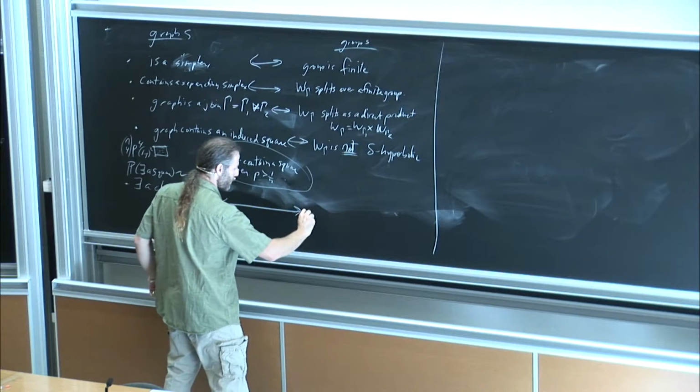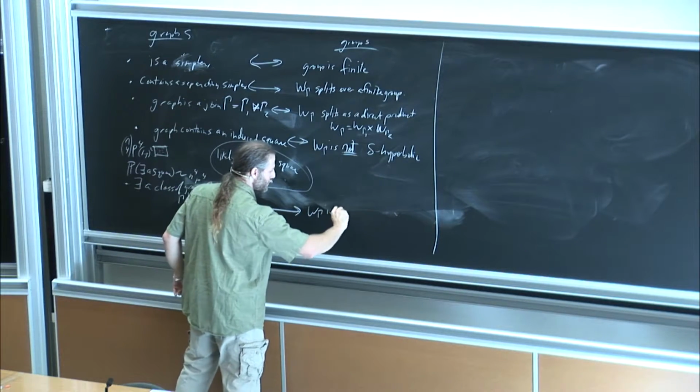Gamma is not in tau if and only if W gamma is relatively hyperbolic.